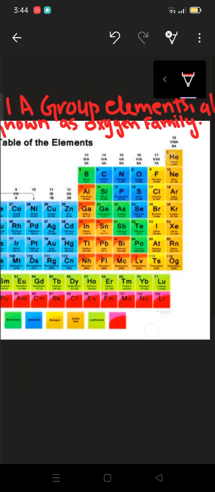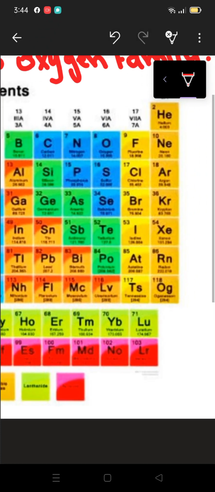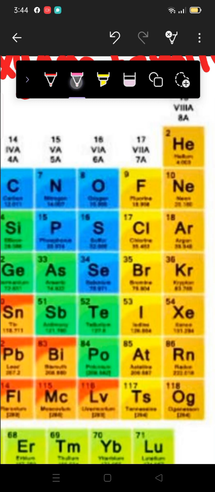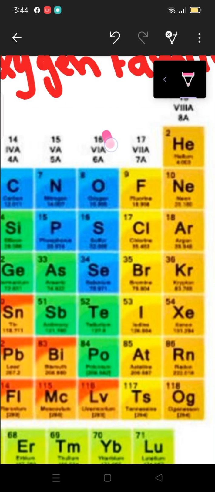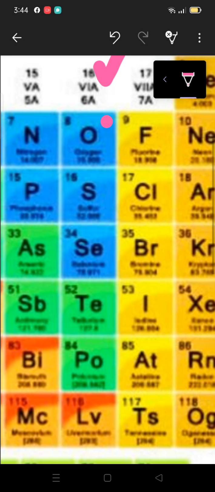So sixth A group is also known as oxygen family, as you can see here in the periodic table. So let me mark here, this is the sixth A group elements, which is also known as oxygen family.